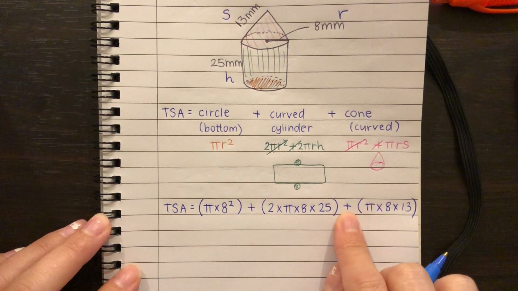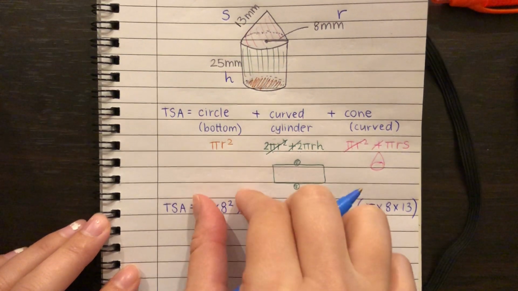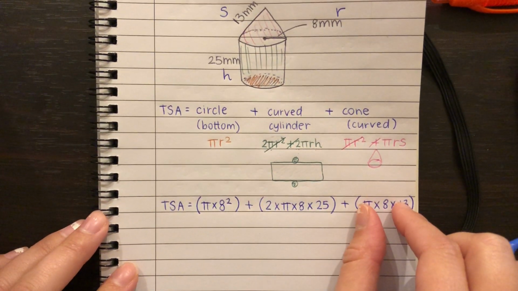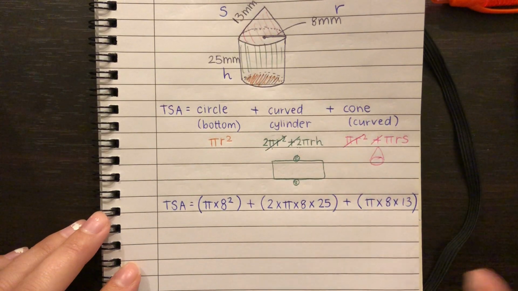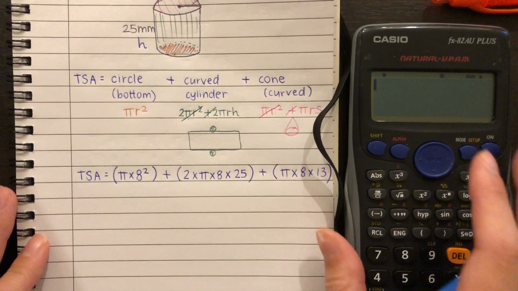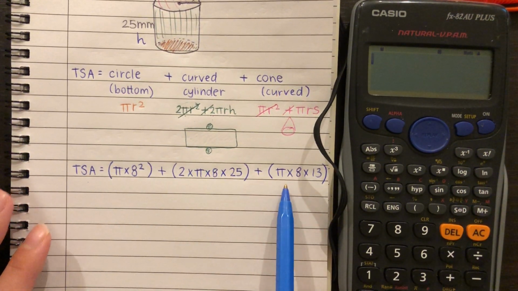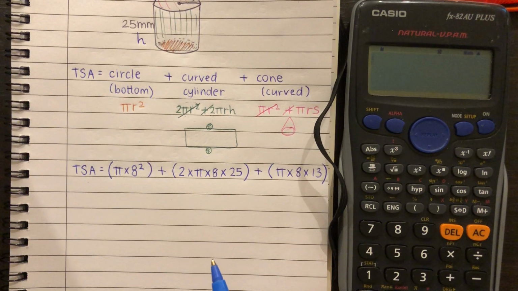Now, this next part is up to you. Put it in your calculator exactly how you see it, like this, or do each part separately. But be careful, if you don't trust yourself with putting the whole entire thing in as you see it, you need to be wary of the fact that you've got pi's here, and I don't want you to be putting in 3.14 as the value for pi. I want you to use the actual pi button.